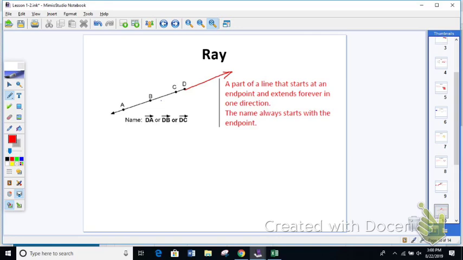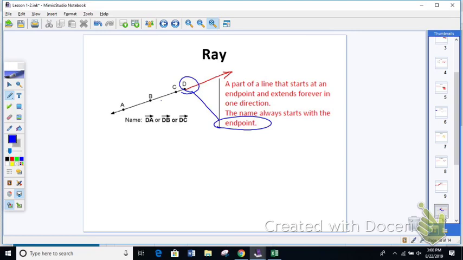Important piece here is that the name always starts with the endpoint. And the endpoint is point D. That's where the endpoint is. So it starts at D.